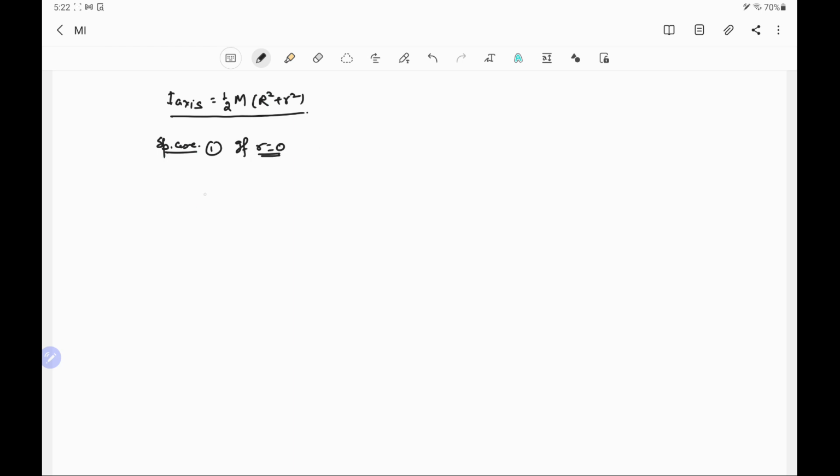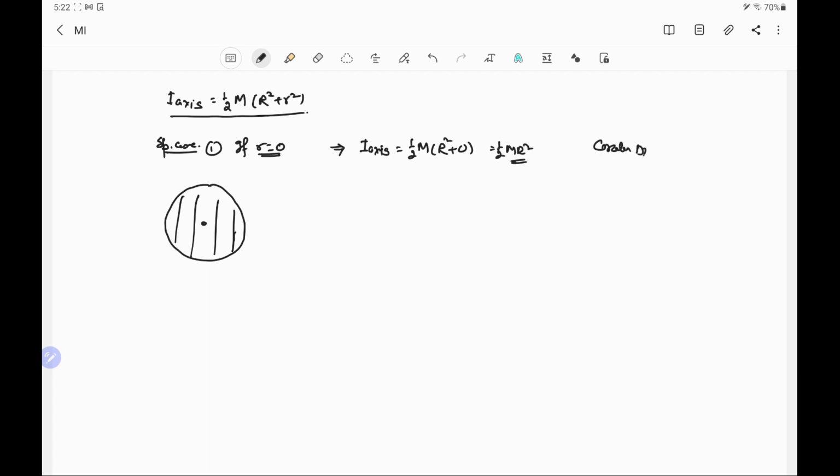If r equals 0, then it becomes a disk and we have to find the moment of inertia. If we put it here, then I axis will be equal to 1/2 m (R² + 0), that is equal to half mR², and that is the case of a circular disk, and it matches the result which we have already found.